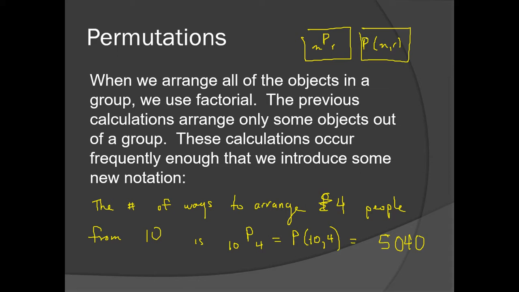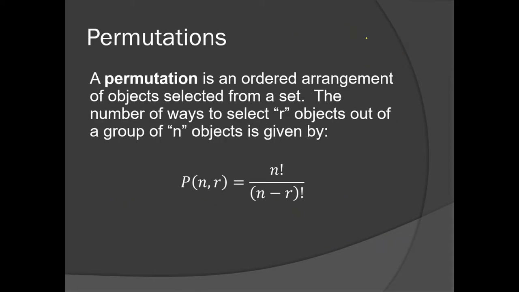group of objects. Formally, a permutation is an ordered arrangement of objects selected from a set. The number of ways to select r objects from a group of n objects is given by n factorial over n minus r factorial. I'm going to throw on the notation there, nPr as well.